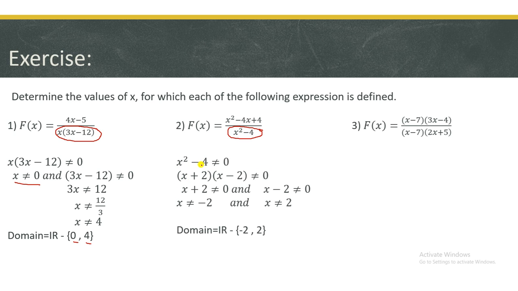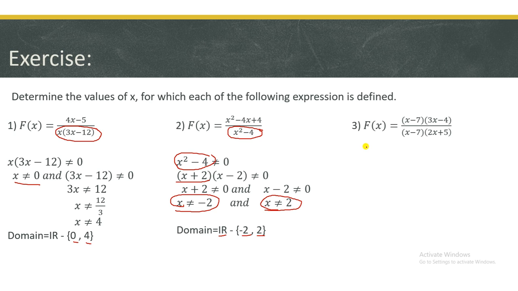X squared minus 4 is a difference between squares, 2 squared, then it's equal to x plus 2 times x minus 2 by factorizing it. This means the first parenthesis does not equal 0 and the second one does not equal 0. X plus 2 does not equal 0, this means x does not equal minus 2, and x minus 2 does not equal 0, x does not equal 2. So the domain of definition is all real numbers except minus 2 and 2.